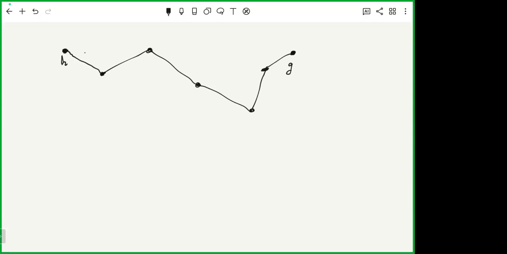An edge is a multiplication by some element in the finite generating set. So every time I travel through an edge, I'm multiplying by a generator. This path means that this point here is HS1, this point is HS1S2, and so on, so that G in the end is written as HS1S2...S6.